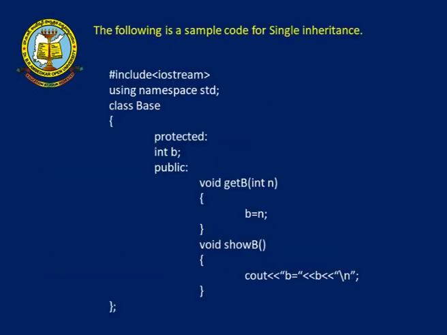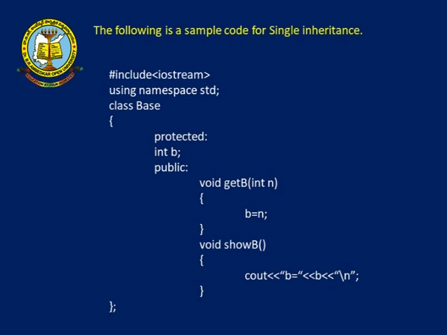This lets you understand how single inheritance can be written. In this example we have included one header file, #include iostream. Next, we are using the namespace std, and then I have one base class. The base class name is base itself and it has a protected member, int b, which is a data member.